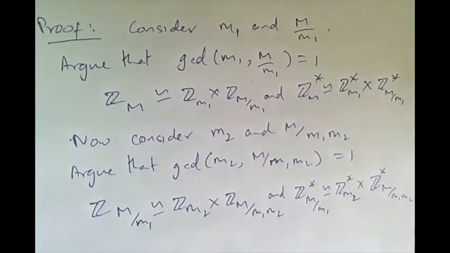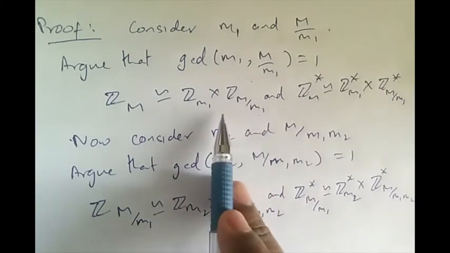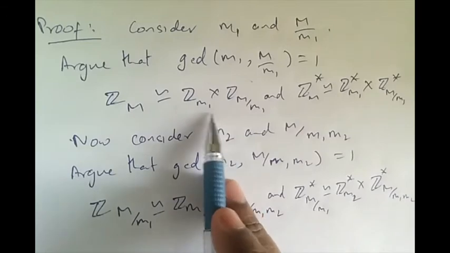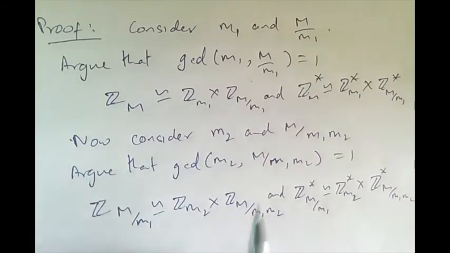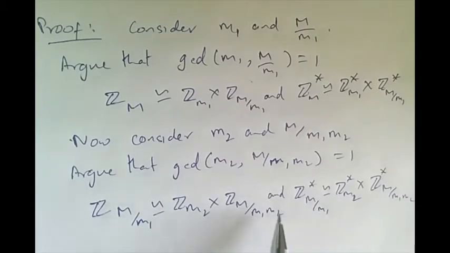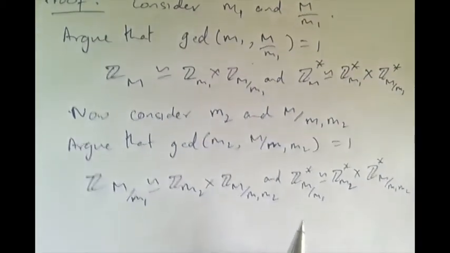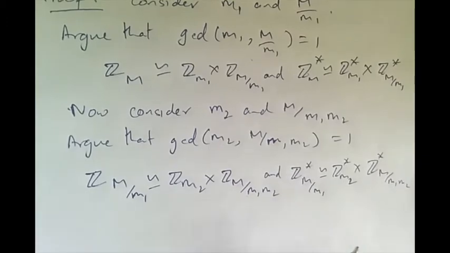Now substituting this into this, you get Zm is isomorphic to Zm1 cross Zm2 cross Zm by m1 m2. So you keep going until you only have M by m1 m2 up to m(L-1). That will be just mL. So you get this as you keep going with this argument here.